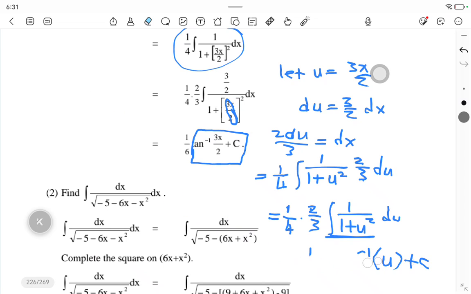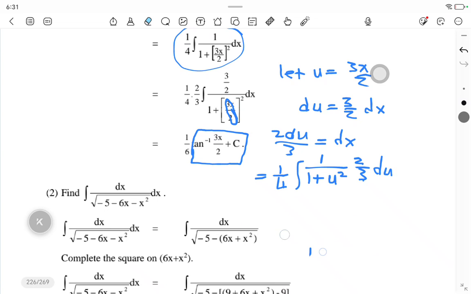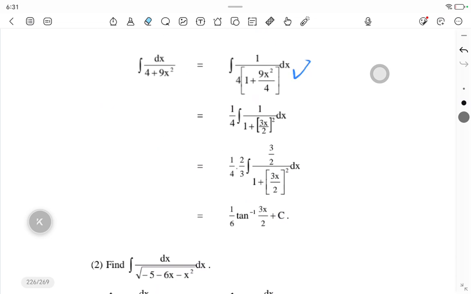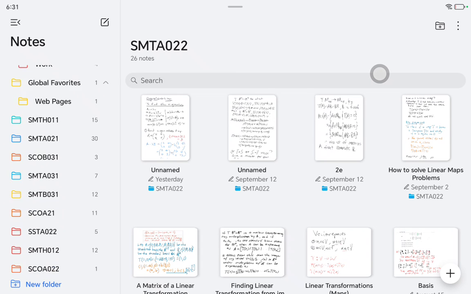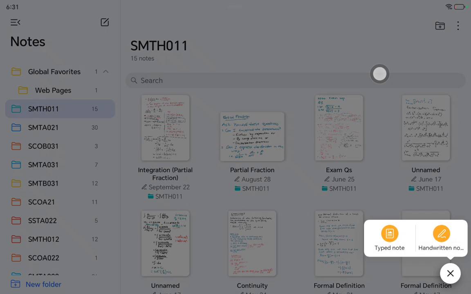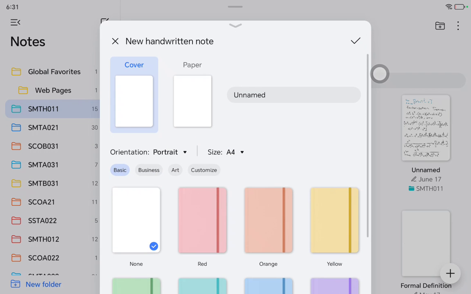we can also try to look at this question in 2 ways. So let me just erase it, and then we look at it in 2 ways, and then we analyze it. Remember, the original question is saying the integral of dx over 4 plus 9x squared.